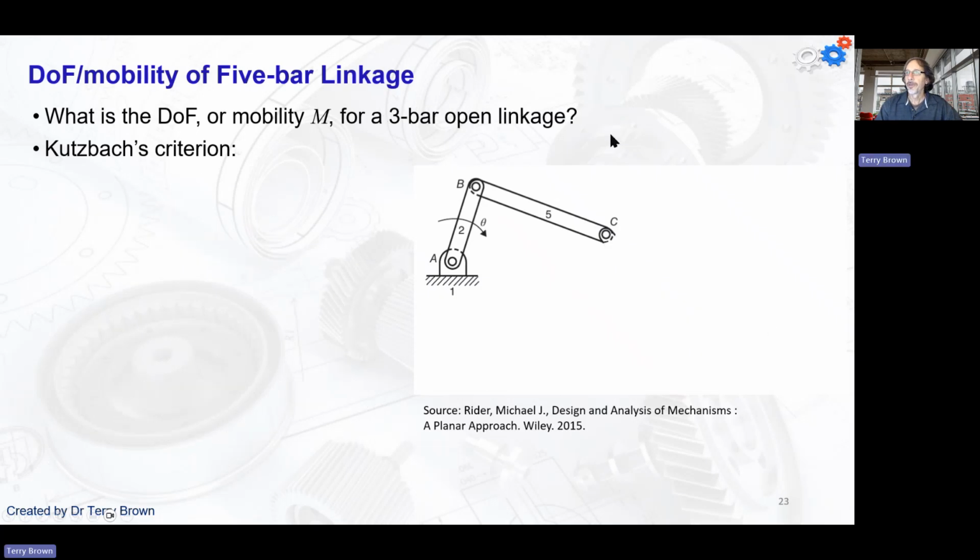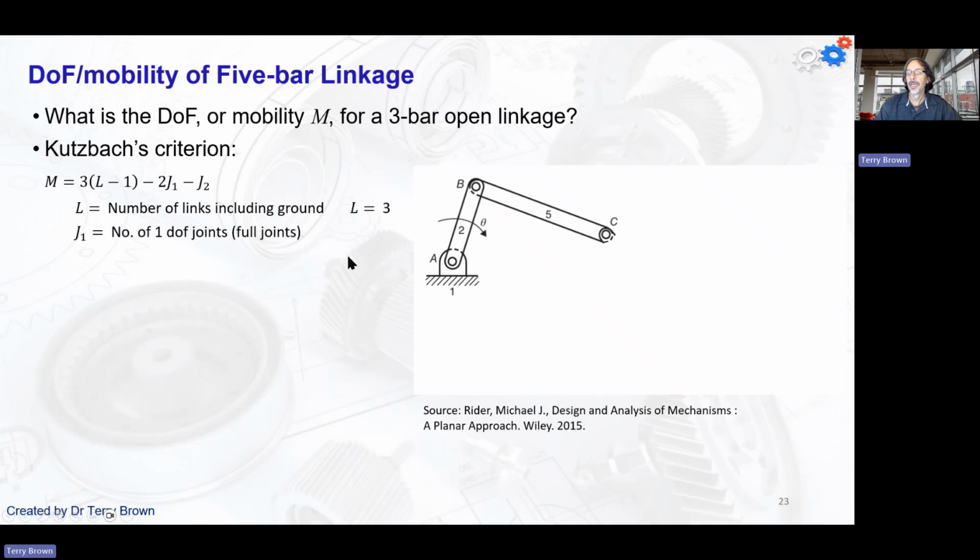All right, what about an open linkage? Again, Kutzbach's criterion. How many links do we have? Count the number of links. Some of you may have had only 2. Don't forget you need to include ground. So we have 3 links. Number of 1 degree of freedom joints, we only have 2.